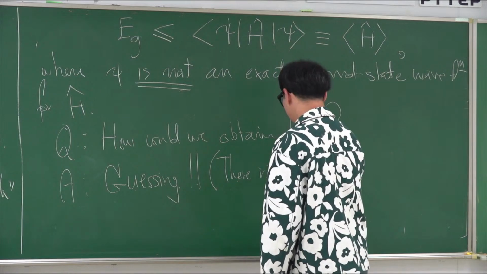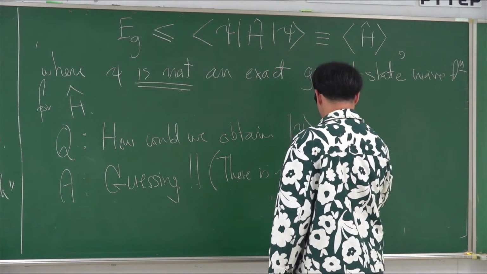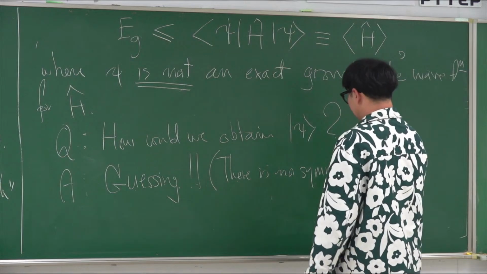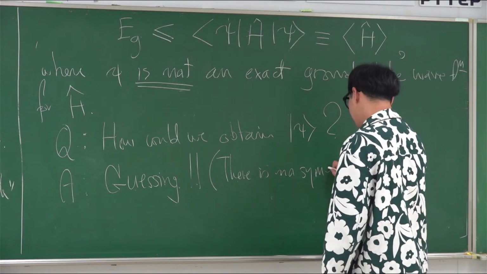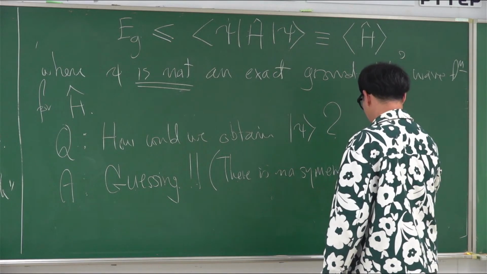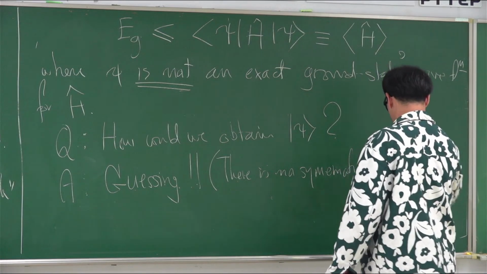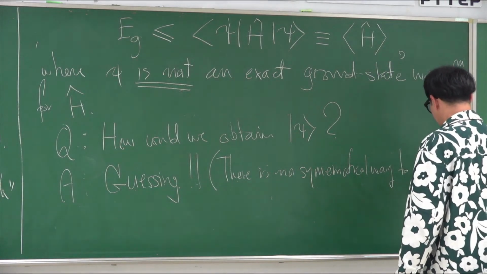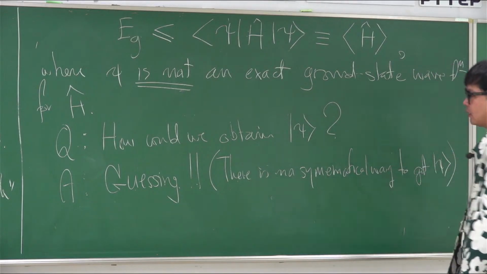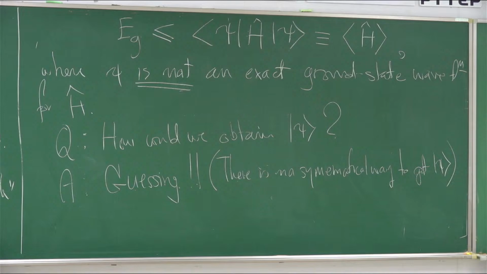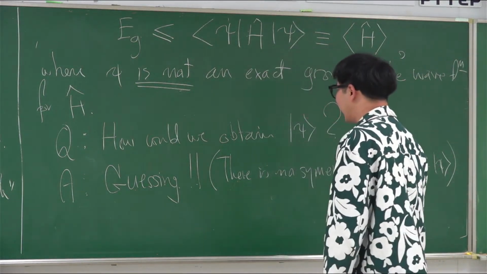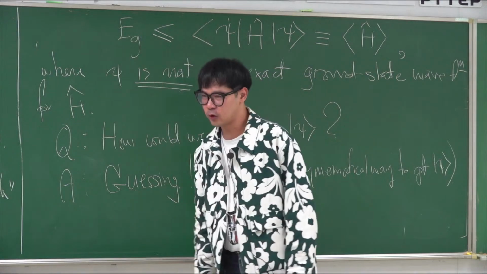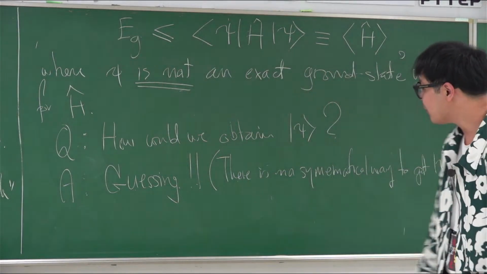There is no systematic way to get this one. You have to guess. That is the thing. If you pick up a good choice, then you will get your answer close to the true ground state of your system.